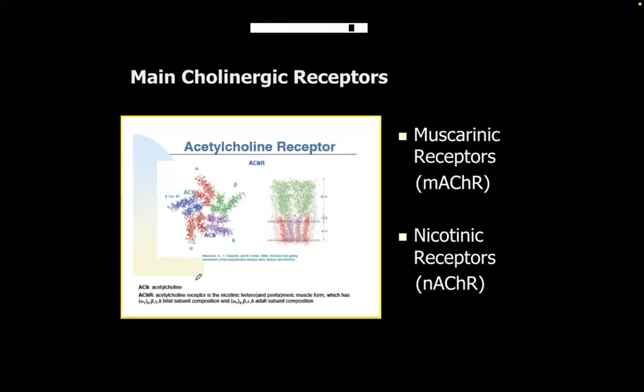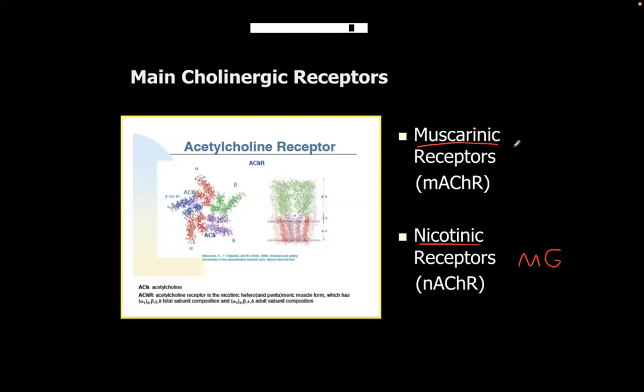Now, there are two main cholinergic receptors. We have the muscarinic and the nicotinic receptors. Question: which receptor is involved in myasthenia gravis? Is it muscarinic or is it nicotinic? In myasthenia gravis, it is the nicotinic receptors.